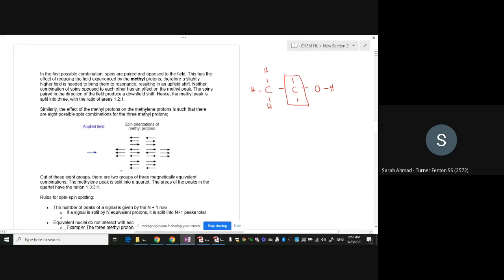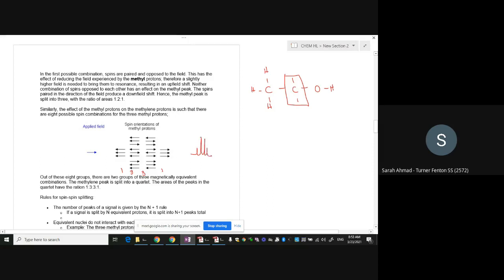I get a 1 to 3 to 3 to 1 ratio in terms of probability of these nuclei aligning. So the splitting is actually how the neighboring protons are influencing the hydrogen protons. When I draw a quartet, I go 1, then 3 times the height, and then that.